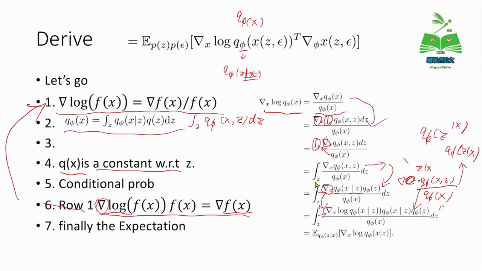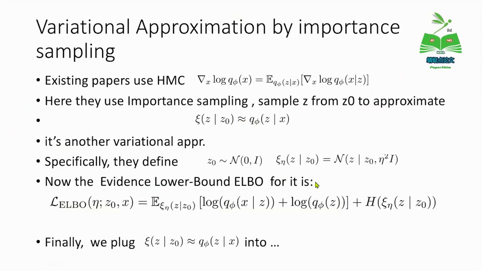Then this is q phi x z, divided by this one, and finally we get q z given x. So finally we convert it to this expectation. Now we get z. Okay, I hope this derivation is clear enough.